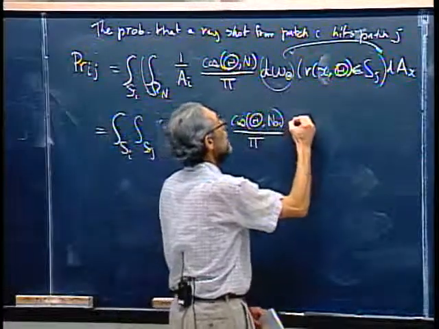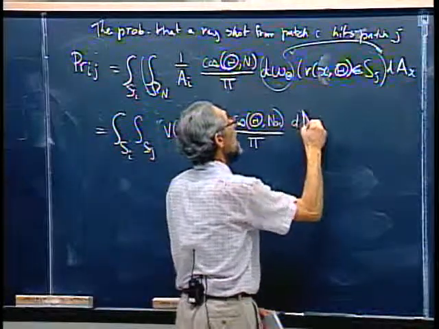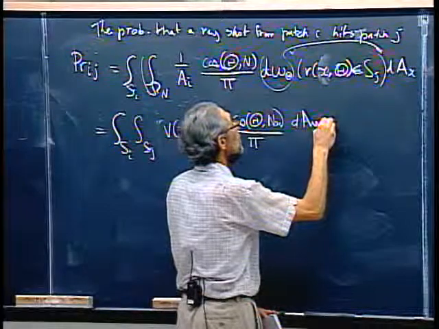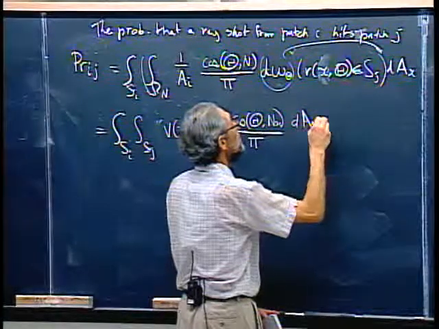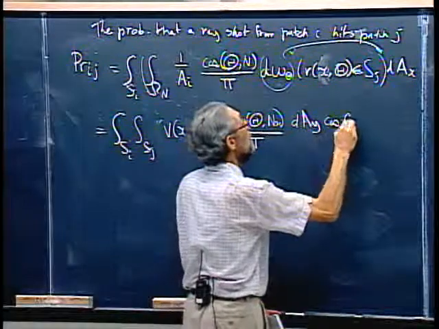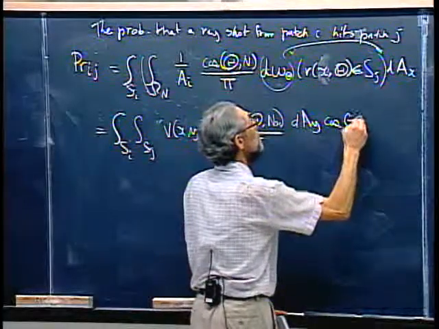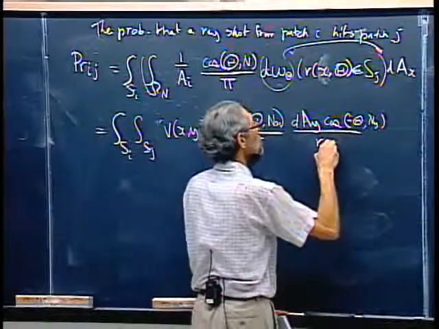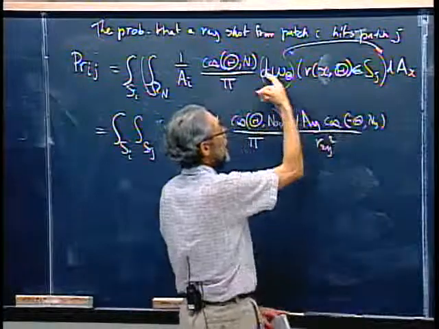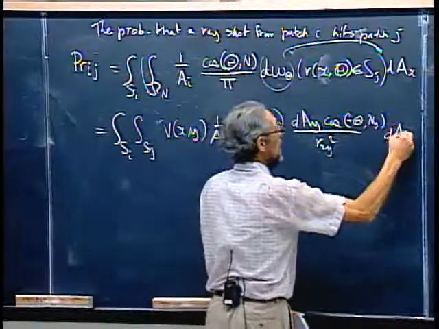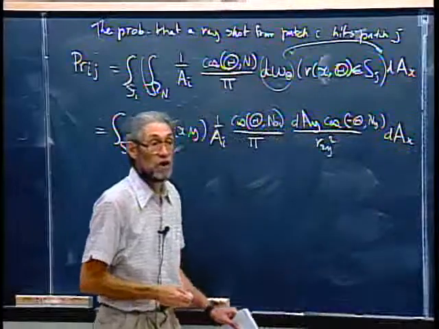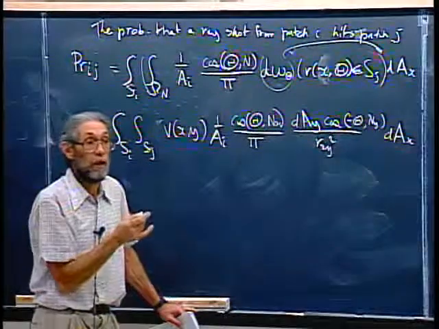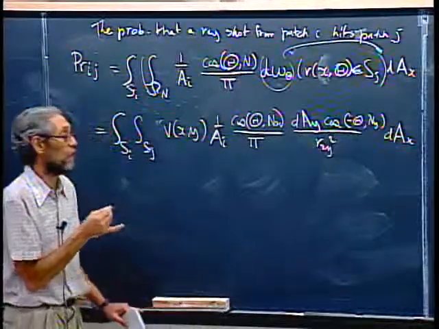This d omega is dAy, the area times cosine of, I guess it's minus theta, n at y, over r_xy squared. That's this solid angle, and then we have dAx. Right? That's just conversion of the angle integration into an area integration that we've done a couple times already.